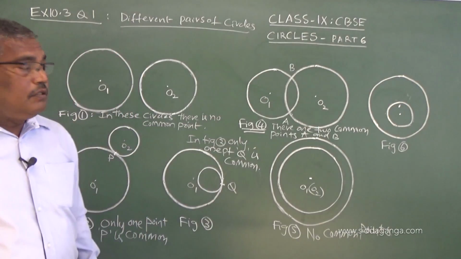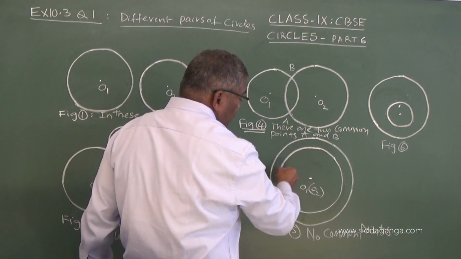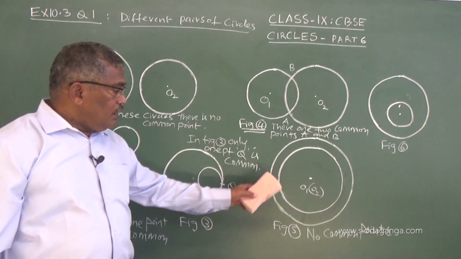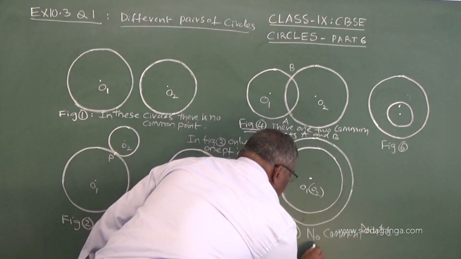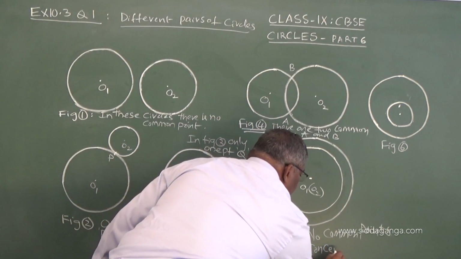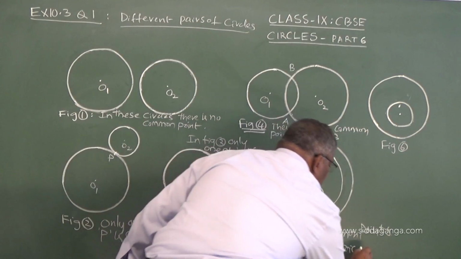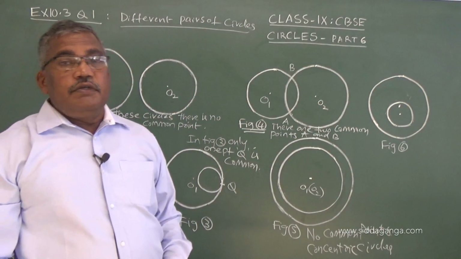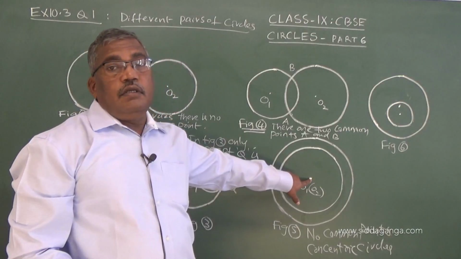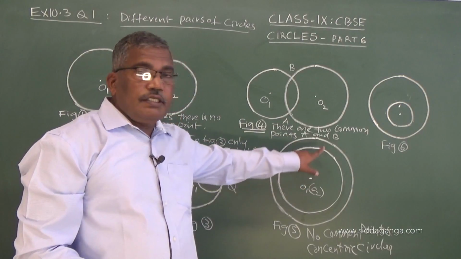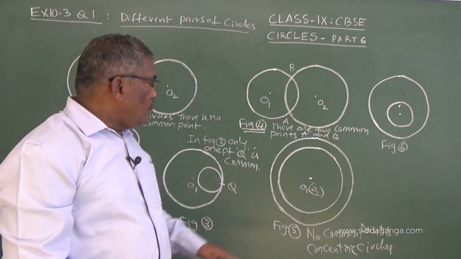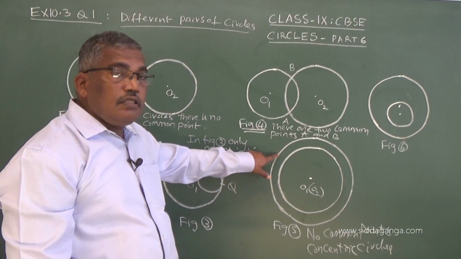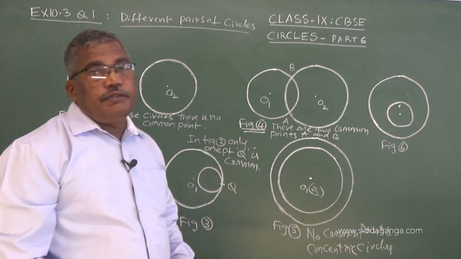We are talking about the points on the circle, not the center. These are concentric circles. Concentric circles are those circles which have a common center and different radii. On the circle there is no contact between these two circles, so there is no common point.